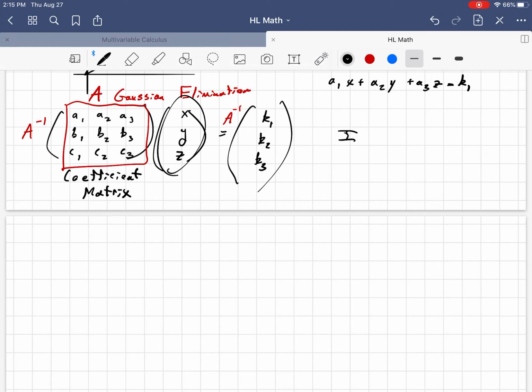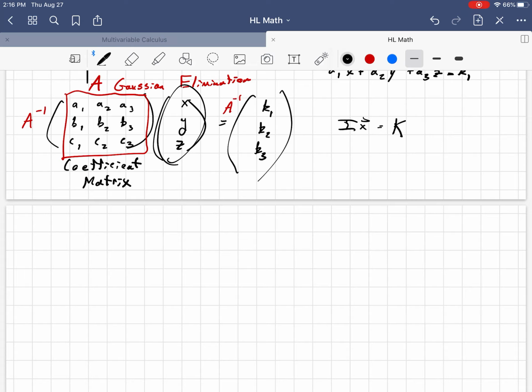X, Y, Z, and then we would have A times the vector X, because this is really just a vector, an n by 1 matrix is a vector, and we'll call this K, right?